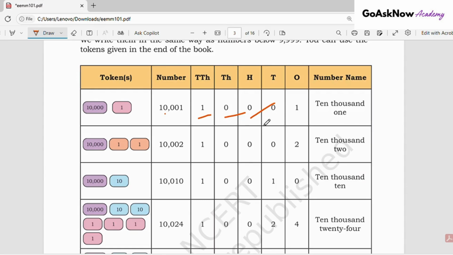The tens value is 0. The last one, ones, is 1. Same as here, 10,002. Here, the first value is 10,000. Then the thousands, hundreds, tens are 0, 0, 0. Next, ones is 2.